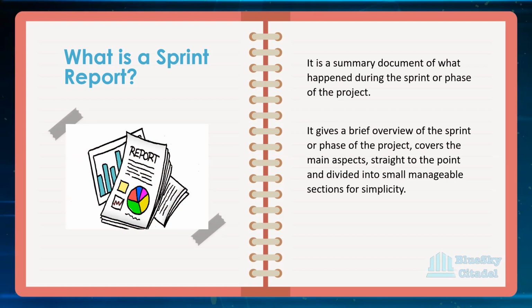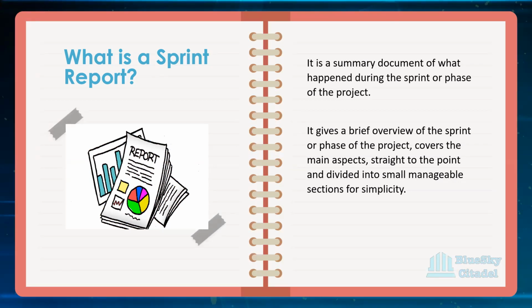And by the time we get into the content and who the audience are, you'll understand why it's just brief and not a full detail of what happened. So it gives a brief overview of the sprint or the phase of the project, depending on whether you are a Scrum Master or an ADM. And like I said, it just covers the main, basic aspects.